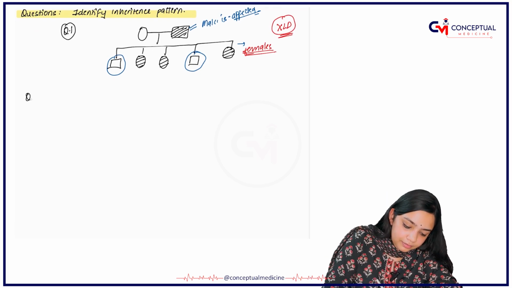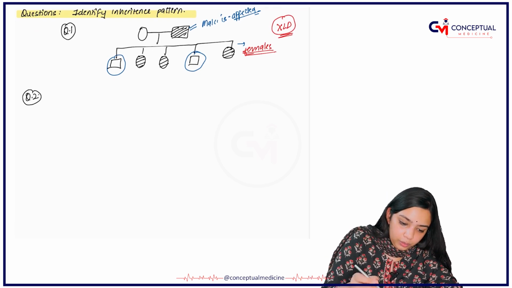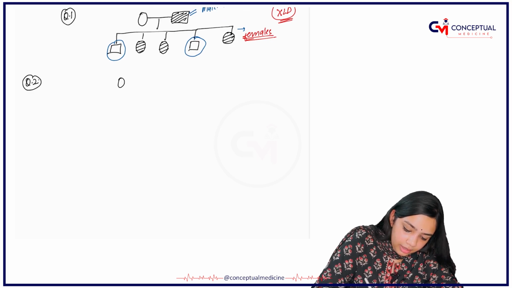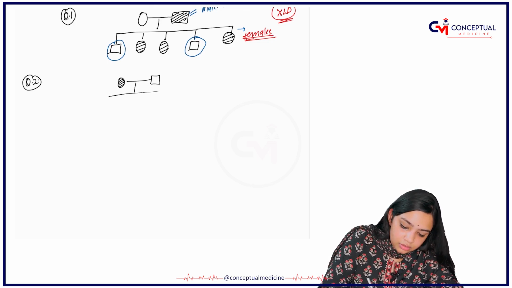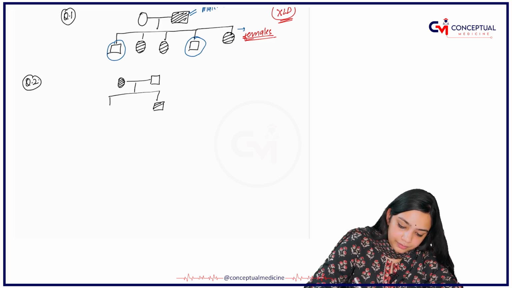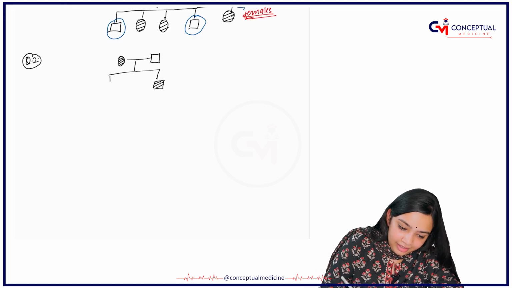Next question that I am giving you: here the female will be affected. The male is normal, they both had their marriage. Then they decided to have their offsprings. Here the male is affected.